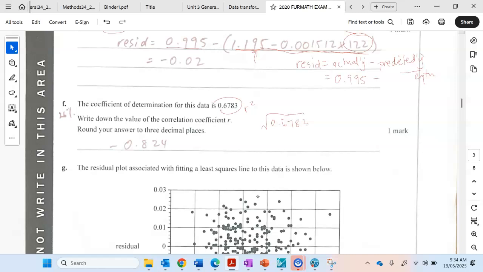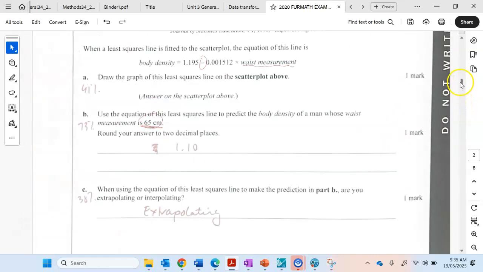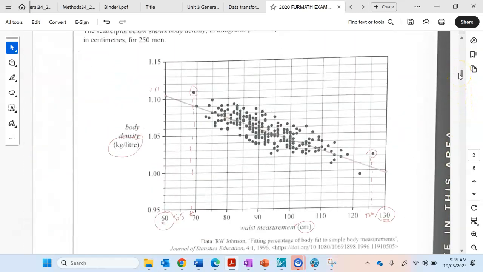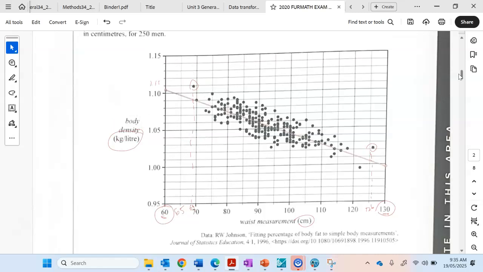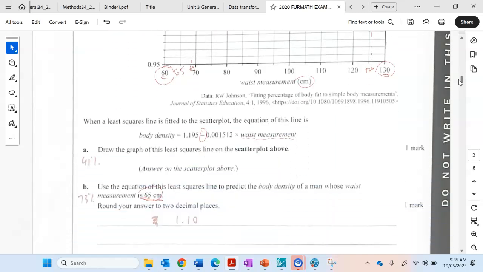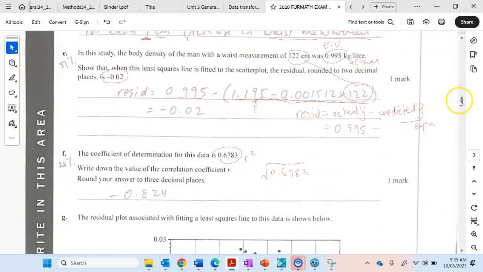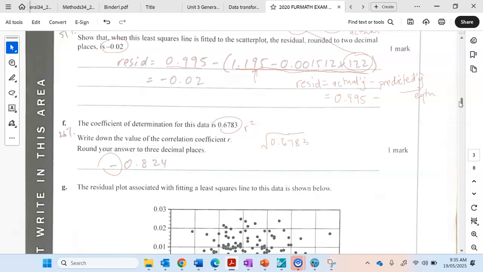But then we've got to decide whether it's positive or negative. Now, you did have to go back to the previous one, and we can see it's clearly negative. So you can look at it whether it's negative on your graph or in your equation. You can see it's negative as well. So that's why your answer had to be negative. So 26%, and I would say a lot of students forgot that negative. All right, you must remember that.